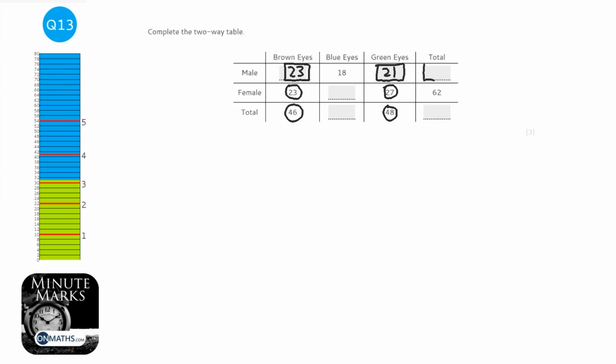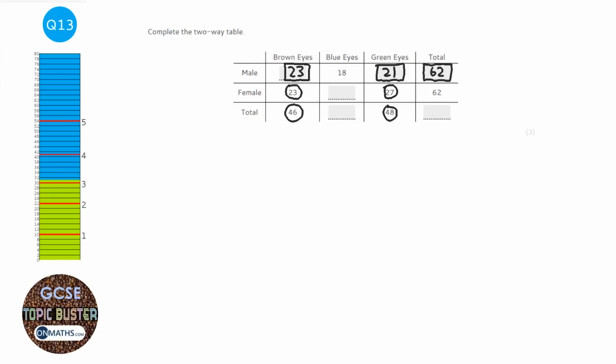Now if we have a look at this one, we have 23 males with brown eyes, 18 males with blue eyes, and 21 males with green eyes. And we assume that there weren't any others because they're not in the table. So we add those together and that gives us 62 in total. And let's have a look at this one maybe.